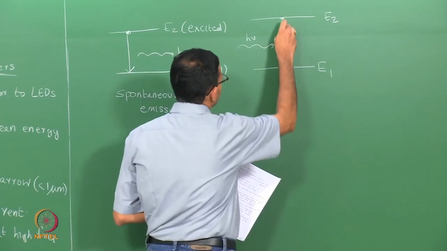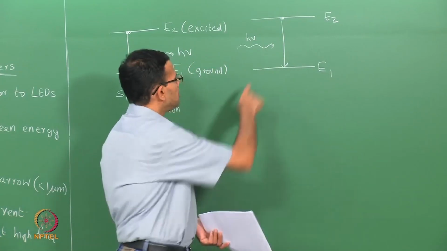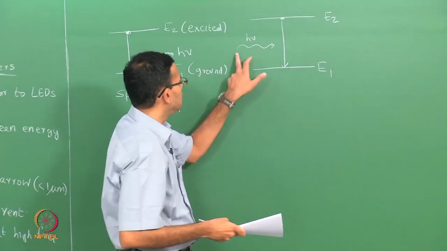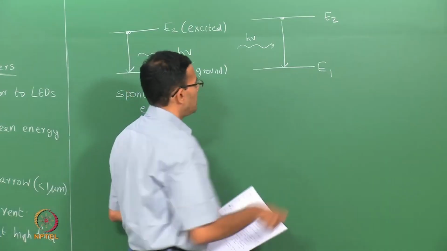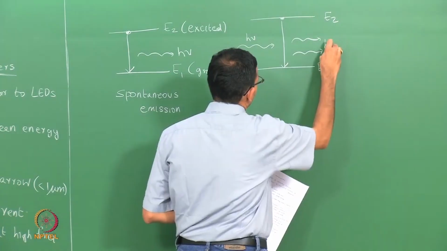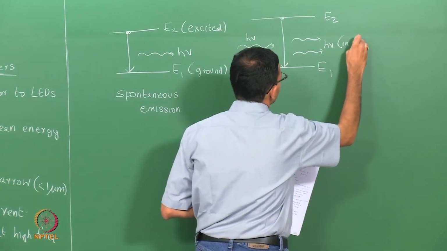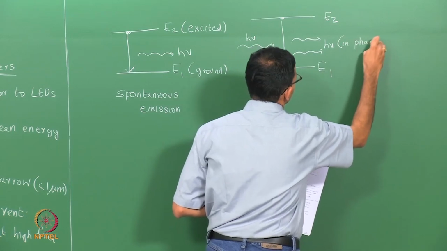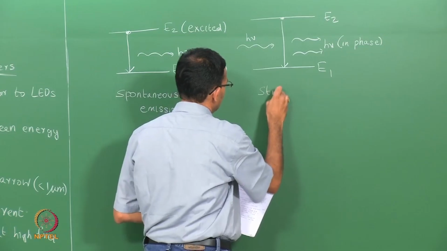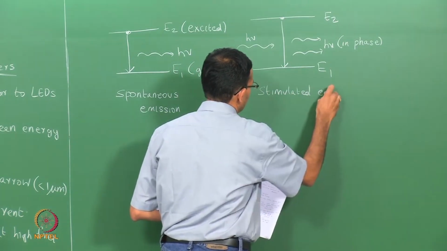When this happens, the electron falls back down. This emits another photon which is in phase with the photon that is incident on your sample. So, your output is now essentially two photons that are in phase. This is an example of stimulated emission.